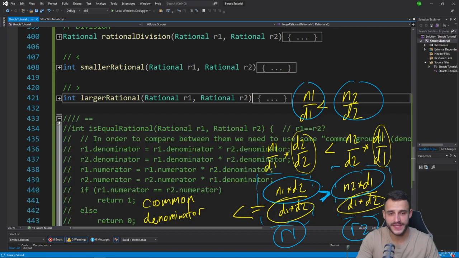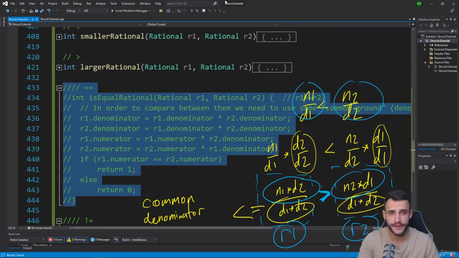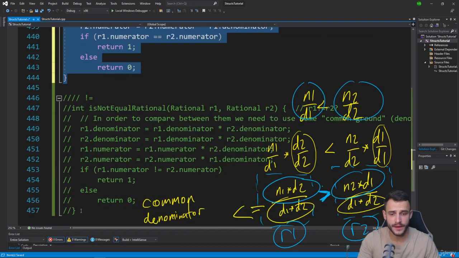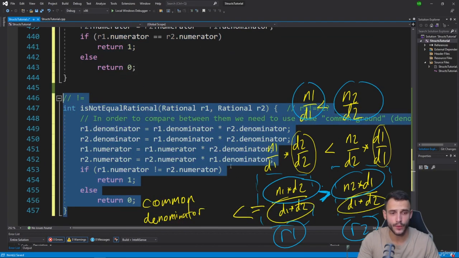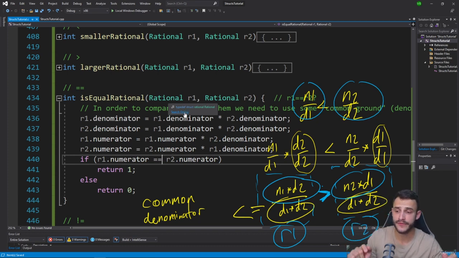And now we can proceed to the last ones, which are also very, very similar. These are the equality and not equality signs. So once again here, whenever you want to check if two rational numbers are equal to one another, it's not enough to ask if just the numerator equals the other numerator and the denominator equals the other denominator.